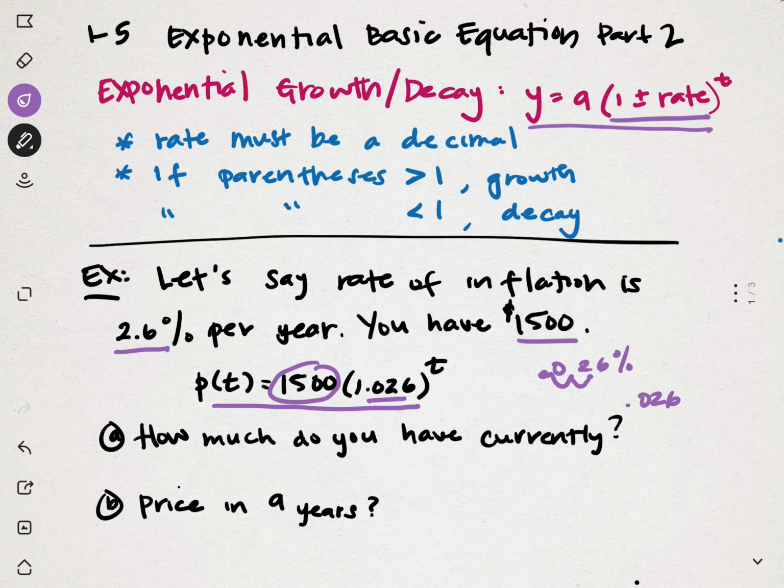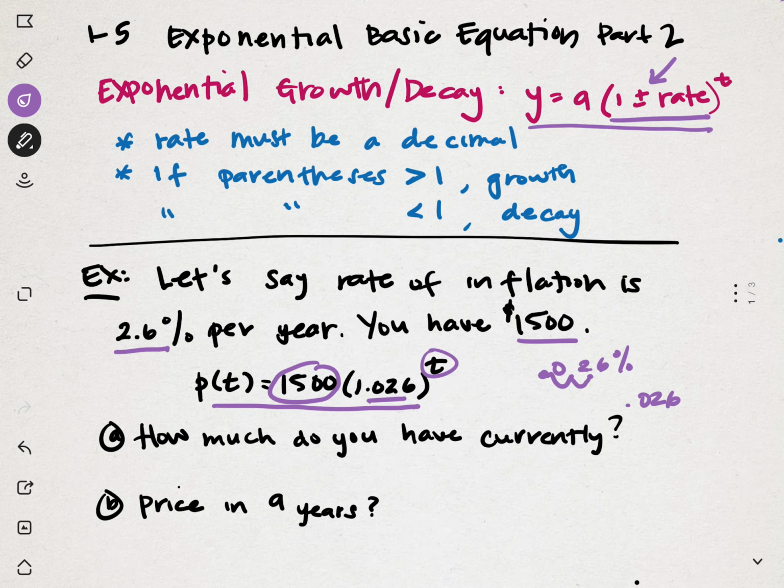Now inflation, we assume it to be increasing, right? The amount of money we need to spend to get the same thing every year is going to increase. So that's why it's 1 plus, right? If we look back up here, it's 1 plus or minus, because inflation is a growth rate. We're adding the 0.026 to the 1. And then the t represents the amount of years.